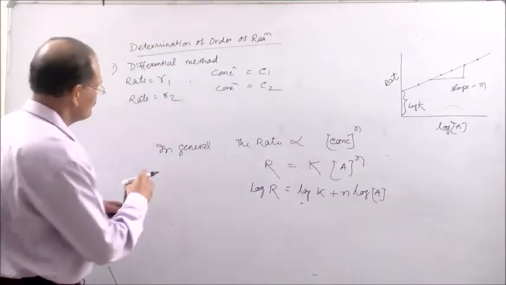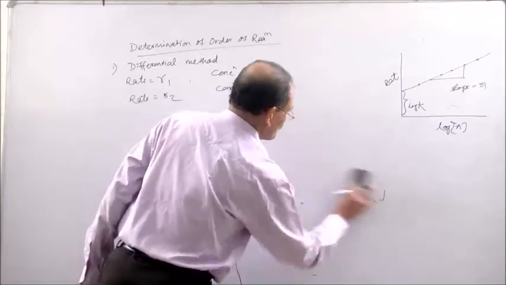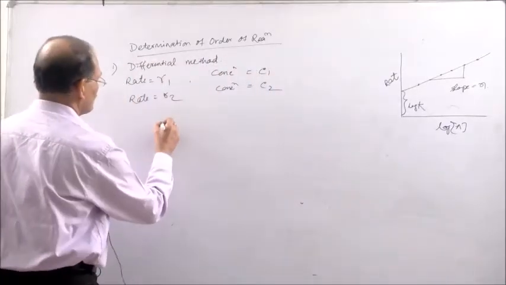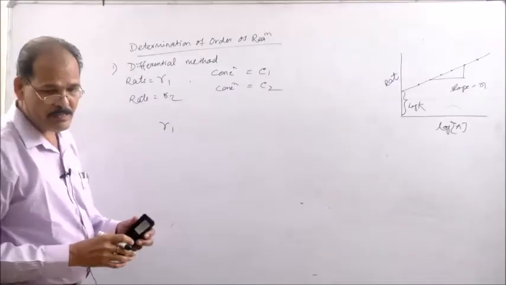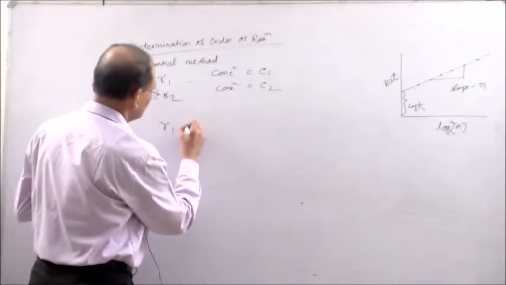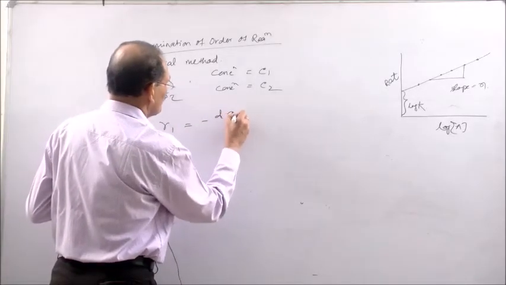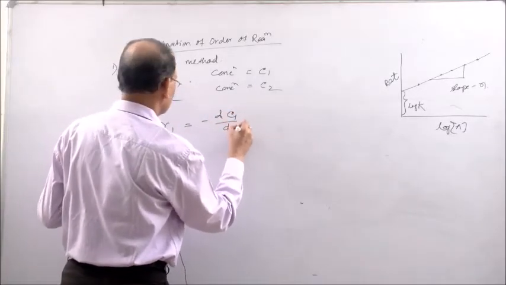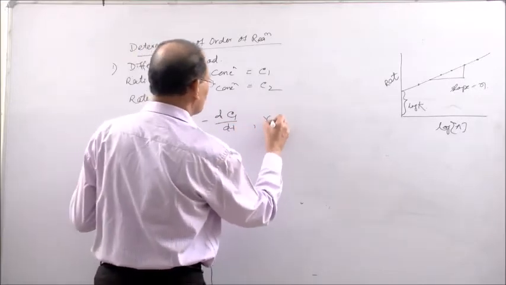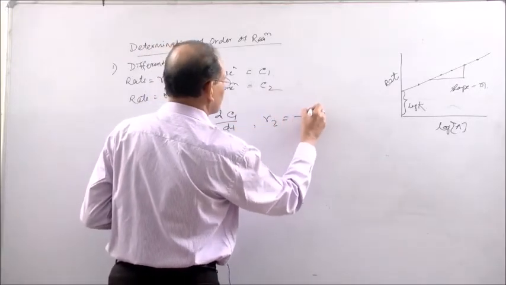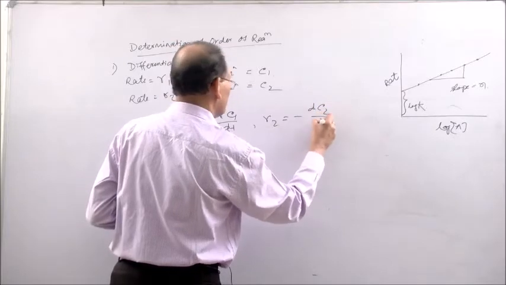Dividing these two, as we know R1 is minus dC1 by dt. Similarly, R2 is minus dC2 by dt.